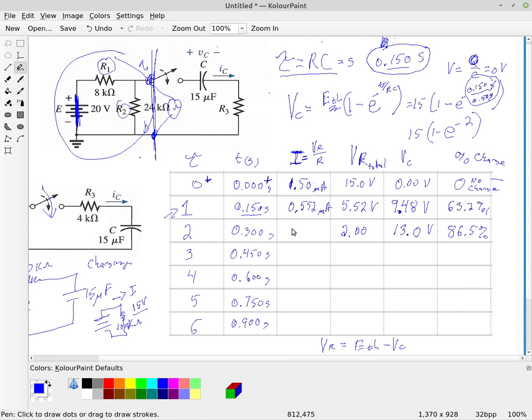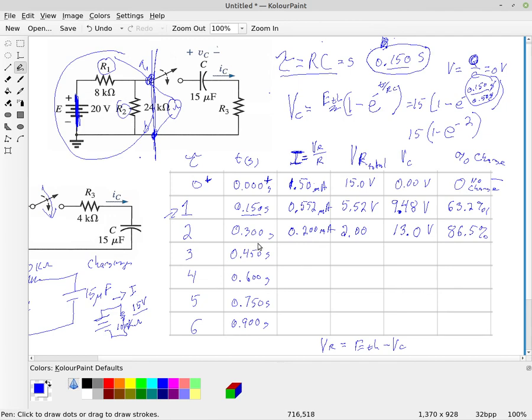And then our current is going to be about 0.2 milliamperes.